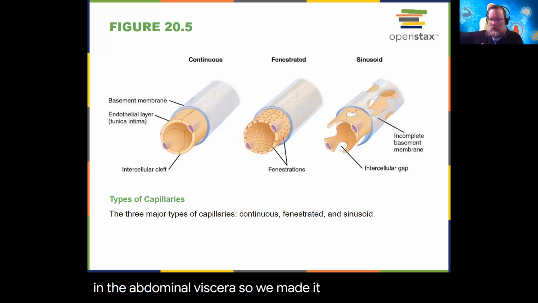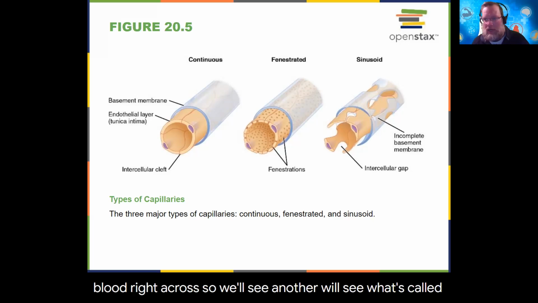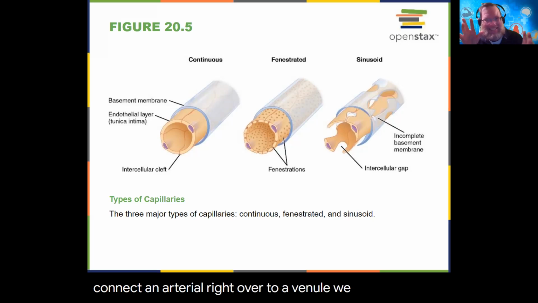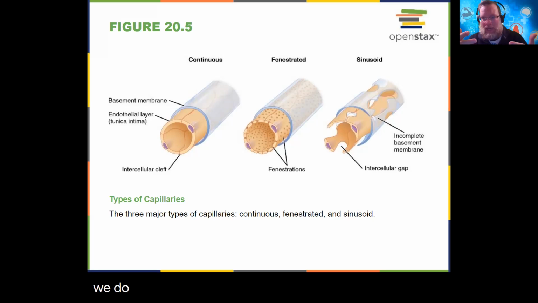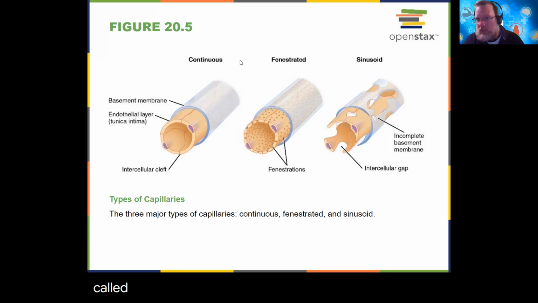So we may just want to shuffle that blood right across. So we'll see what's called an anastomosis. That sounds like a mouthful, so I'll show you what it looks like written out, so you don't have to guess what I'm babbling. Anyway, we can connect an arteriole right over to a venule. We don't necessarily need a capillary network.